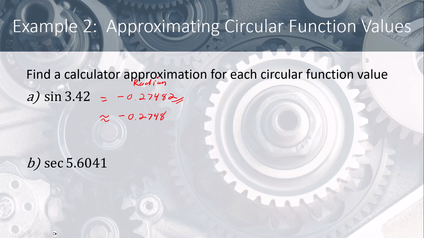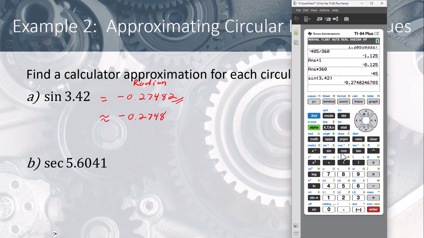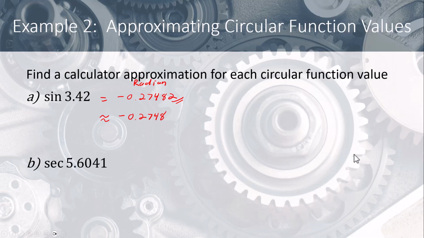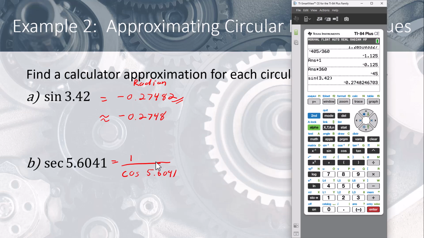Okay, now for the next one, I need to find the secant, but there's a problem here. I have no secant button, but I do know that secant of theta is equal to 1 over cosine of theta. So I can compute cosine of 5.6041 and take the reciprocal. And that's what I'm going to do here.